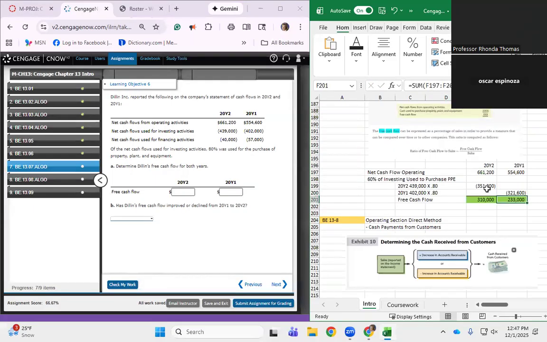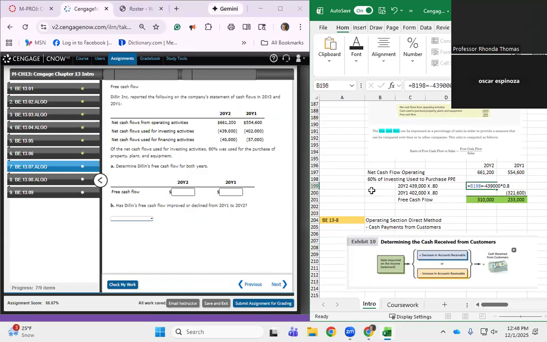So we have to subtract, based on this free cash flow information, and they're not asking for the ratio of it. The free cash flow for year two is the net cash flow from operating minus 80% of investing. I don't have that showing up right here.